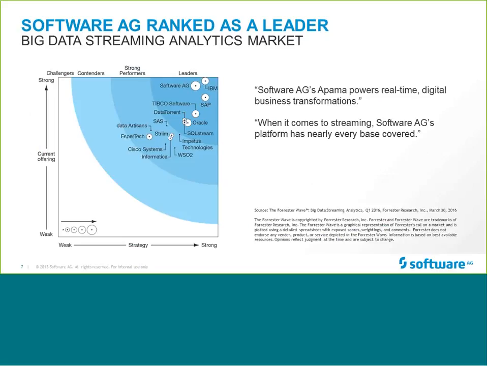Now, this is the latest Forrester Wave, stating that Software AG is in the top right-hand corner of the quadrant, and that we are one of the leaders in streaming analytics. The Software AG product itself delivers scalability, management, operators, and application development tools that are world-class for those who need to make real-time decisions.